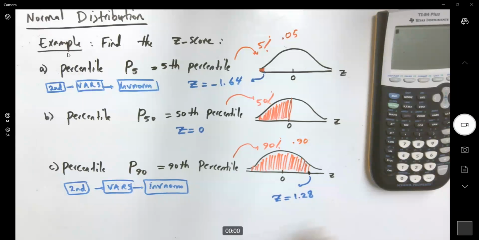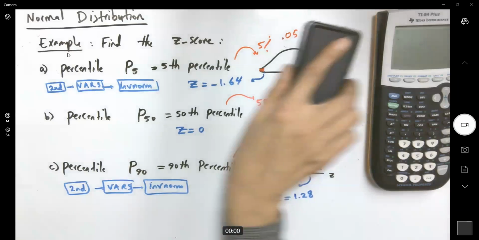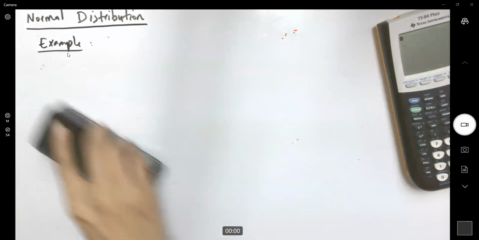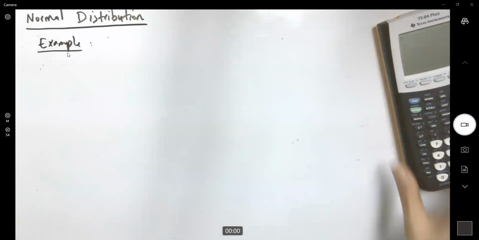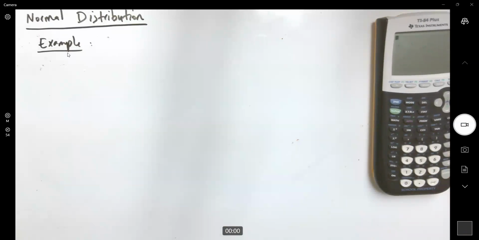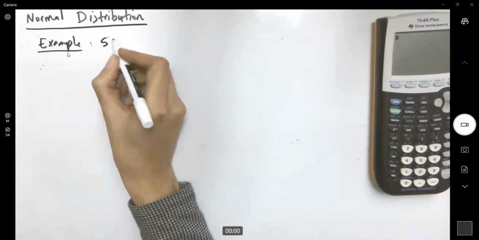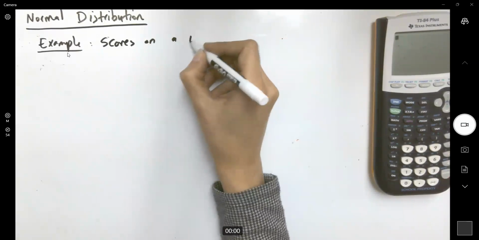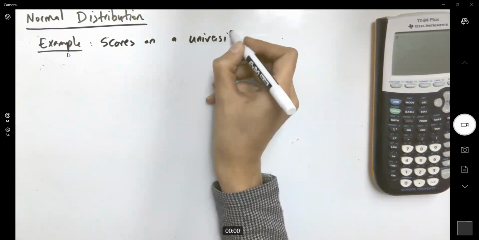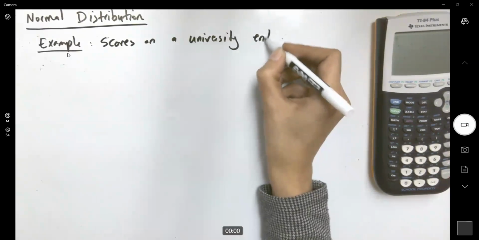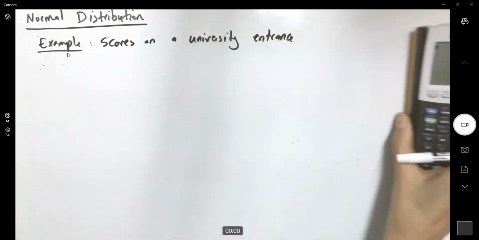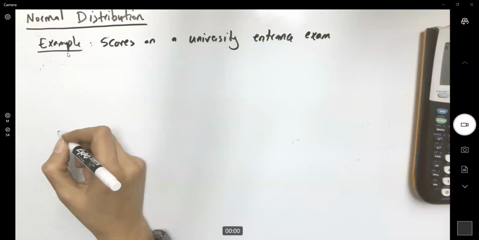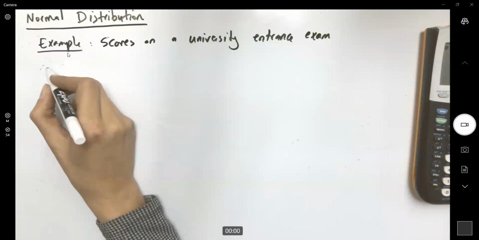Now let us see one cool application here. Scores on a university entrance exam are normally distributed.